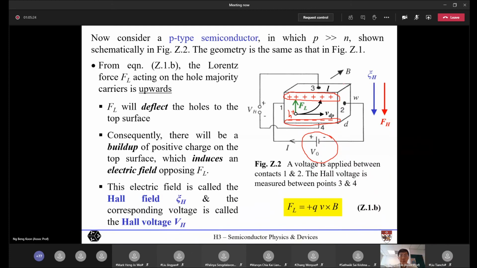Because it is now positive at the top and negative at the bottom, this electric field would tend to push away the holes. So you now have two competing forces: one is the Lorentz force that pushes the holes up, which results in the electric field, but the electric field that is formed will push the holes down.